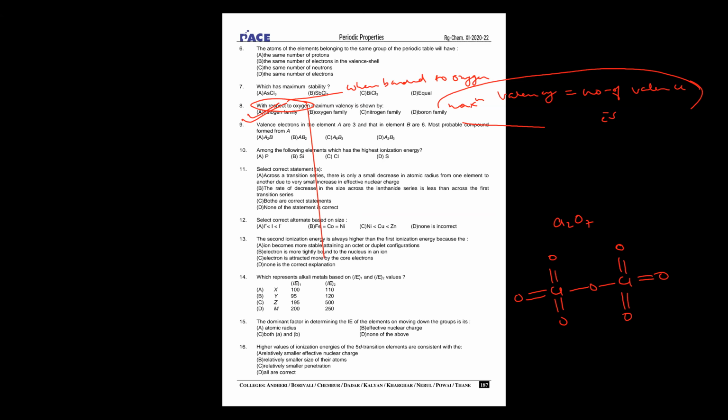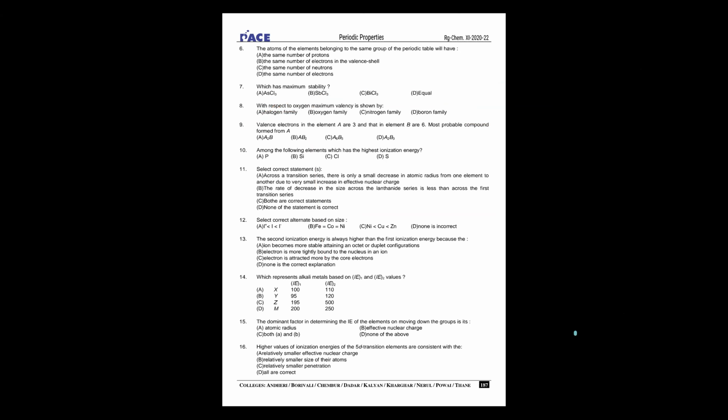Next up is Get Equipped with JEE Main question number 19. Next, let us discuss question number 19. Which of the following metals is expected to have the highest third ionization enthalpy?